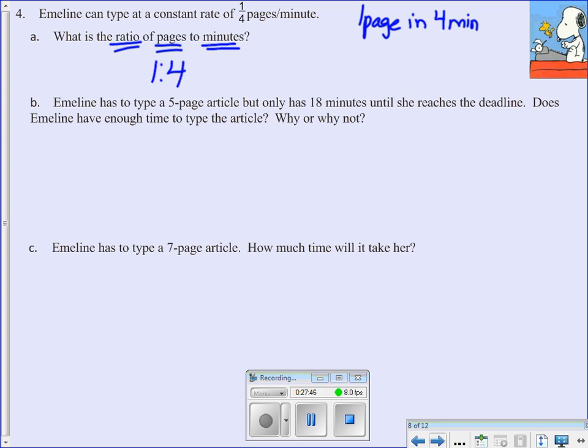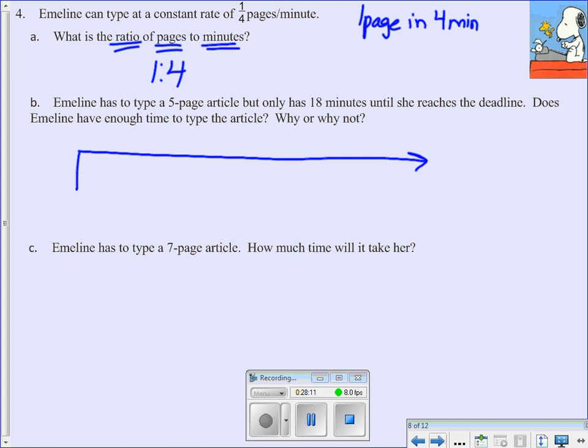So Emmeline has to type a 5-page article, but only has 18 minutes until she reaches her deadline. Does she have enough time? I could totally do a tape diagram, but I don't think that's going to work. A double number line will work this time.